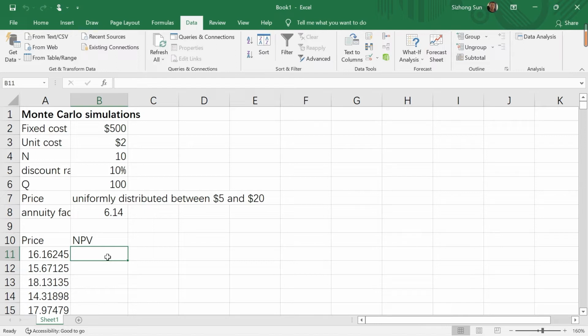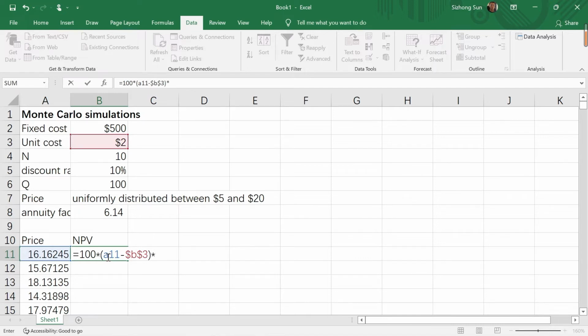So let's calculate the NPV associated if the price is at this level. NPV would be equal to, this is a 10-year annuity, so it's the per year payment, which is quantity 100 times price, which is A11, take away the unit cost B3, so this is the per year cash inflow, times the annuity factor, which is B8, minus the fixed cost, B2.